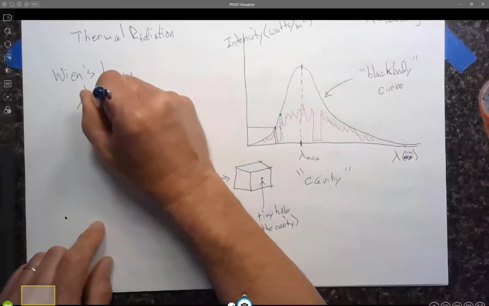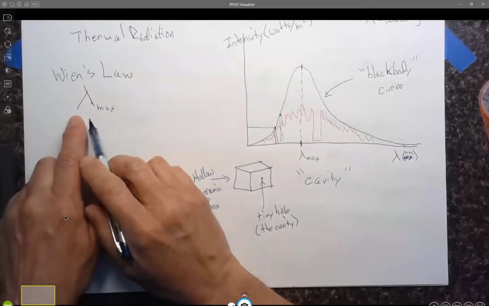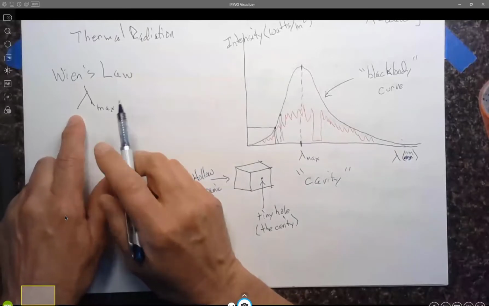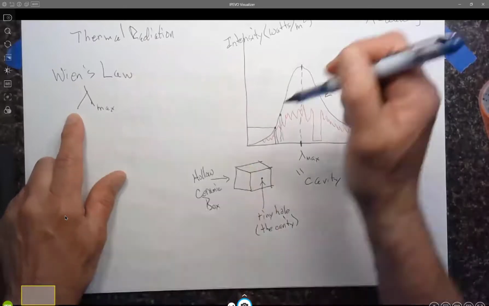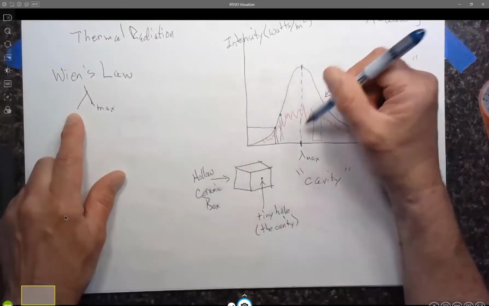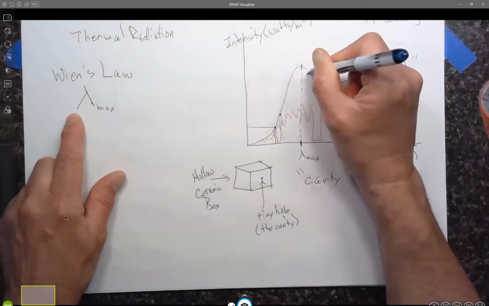Anyway, I'm going to write this lambda max here, and we'll be using this symbol lambda max again and again in this class, so get used to it and remember what it means. It's the wavelength at which the thermal radiation curve for something has its highest point.